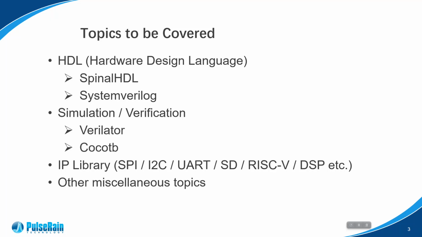Secondly, we will talk about simulation and verification for various IPs. The main simulation tools we are going to use are Verilator and CocoTB. Verilator will be seamlessly integrated into the Spinal HDL environment, and it will also be used with CocoTB. CocoTB, actually, is a good complement to Spinal HDL.